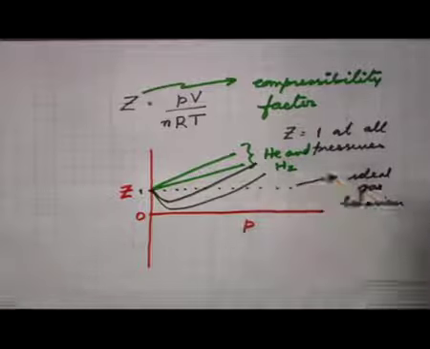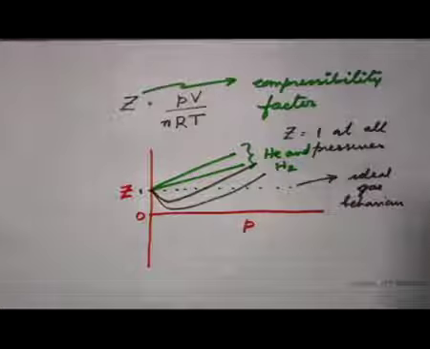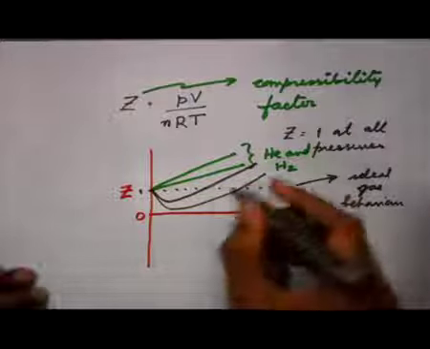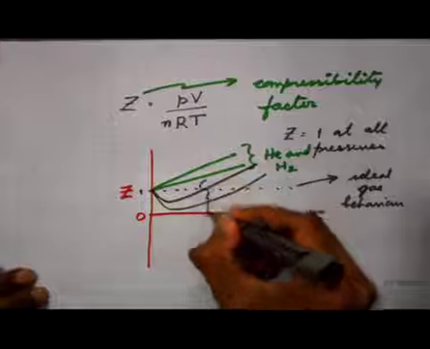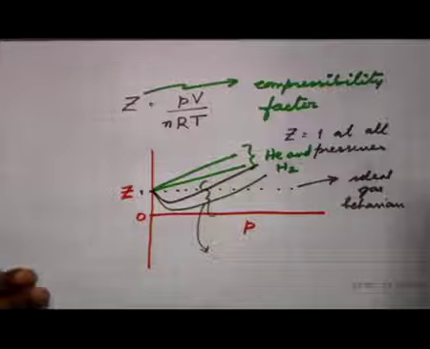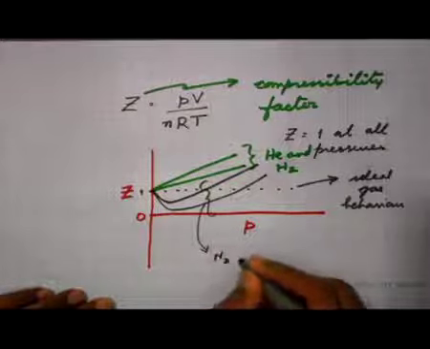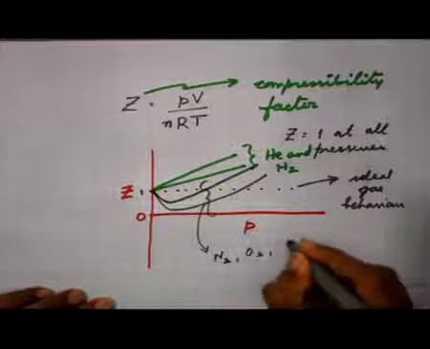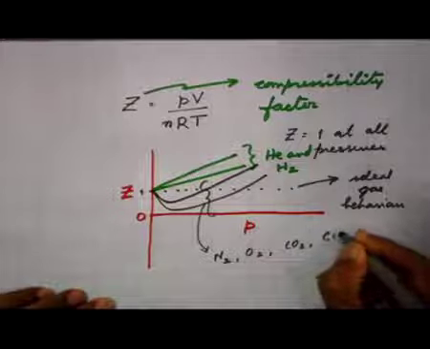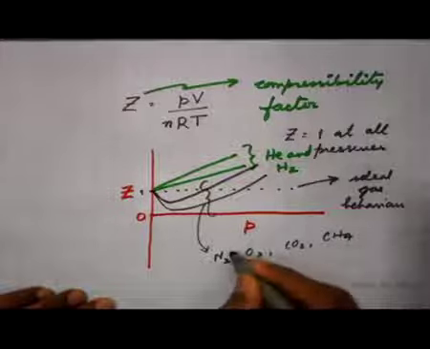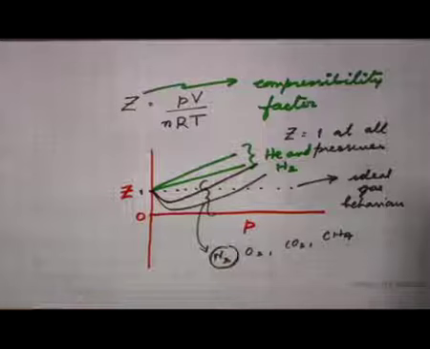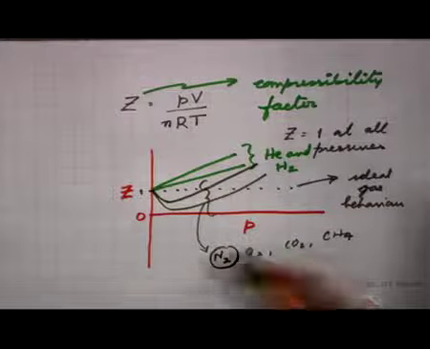So, this is the other kind of behavior that you see in gases, and this behavior is shown by gases like nitrogen, oxygen, carbon dioxide, methane, etc. Nitrogen is a little bit, maybe we should not include that. So, primarily there are 2 types.